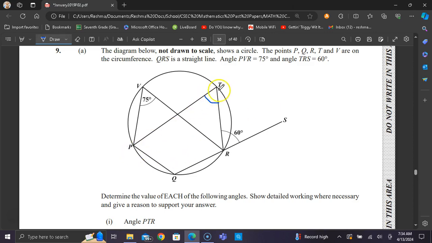Angle PTR and angle PVR actually have a chord in common. A chord is a line that joins 2 points on the circumference that is not passing through the center of the circle. So the chord PR, I'm just going to draw it with a dotted line.